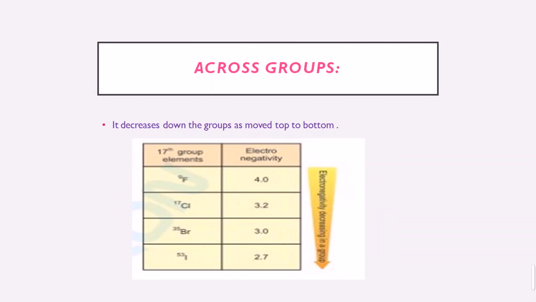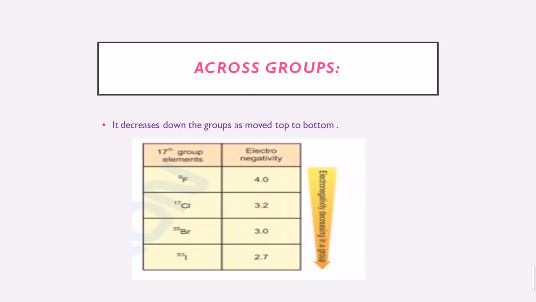Across a group, as we know, the size of the atom increases, as with electron affinity and the shielding effect. The same factors cause the same effect on electronegativity. The electronegativity value decreases due to the increase in size and the lesser attraction between the nucleus and the outermost shell.